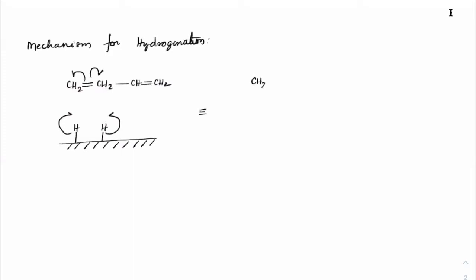We have CH2 single bond CH2, CH double bond CH2. This is how the transition state appears, with H and H connected to the metal surface and a hydrogen bond, H2.